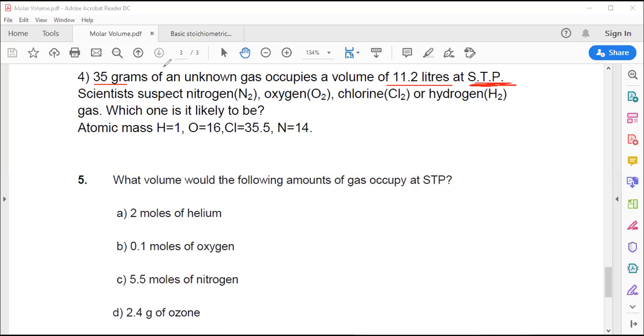So where do we start? We are given mass, all right? The question is saying, which one is it likely to be? For me to determine which one it is, what do I need to find? Number of moles. But number of moles, if I have got 5 moles, do I know it's nitrogen?